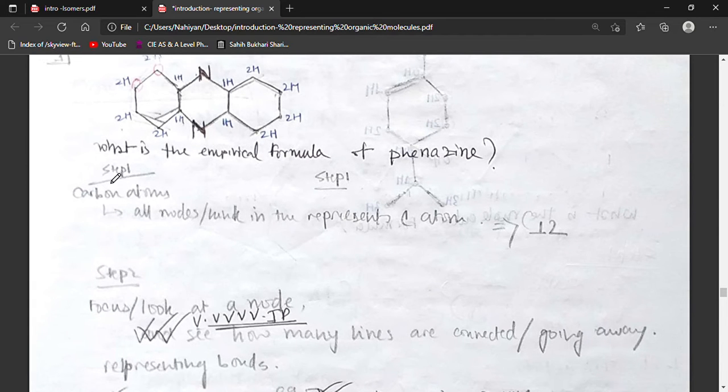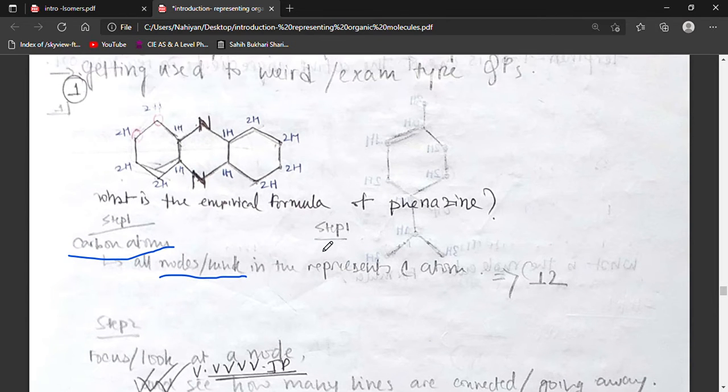So our first step would be to count the number of carbon atoms. We know all nodes and all kinks represent carbon atoms. So if you count the kinks, unless something is completely substituted by another atom, we count every kink. We consider every corner.